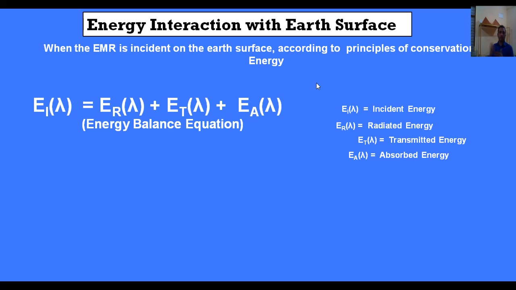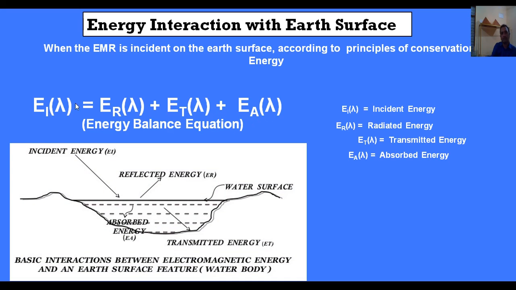Like that, for the incident radiation, some energy is reflected, some is transmitted, and some is absorbed. These three energies add up to the incident energy. This is the energy balance equation.